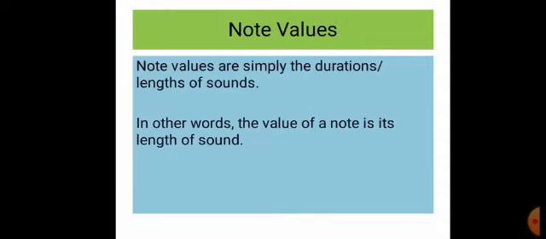To use a symbol to represent these durations, we call them values. So how long or short a particular sound is, is the value of that sound or note.